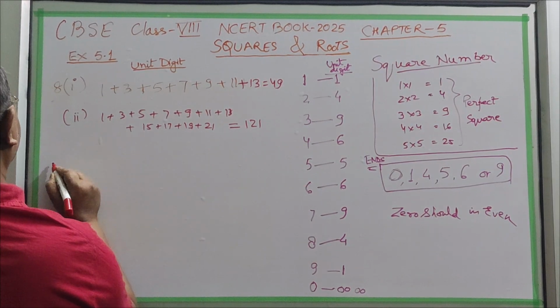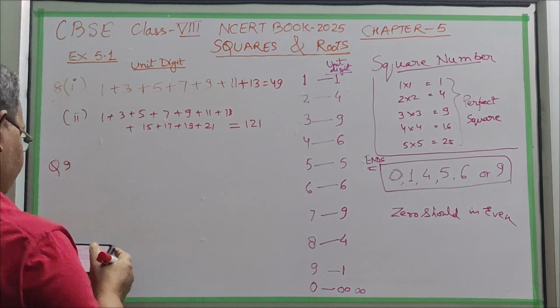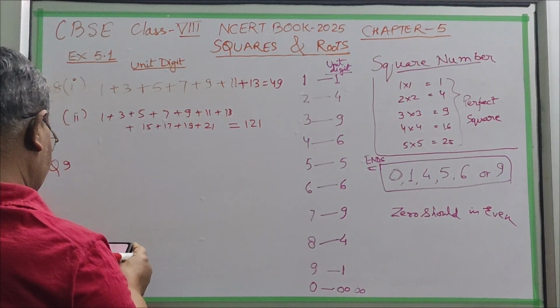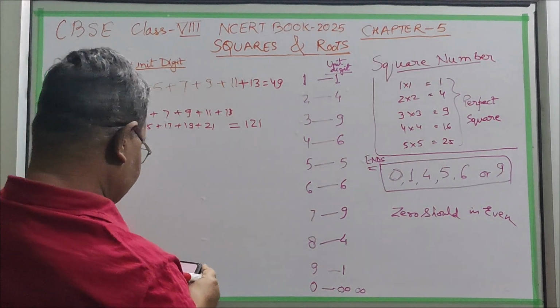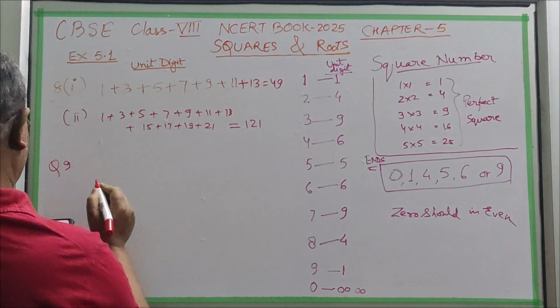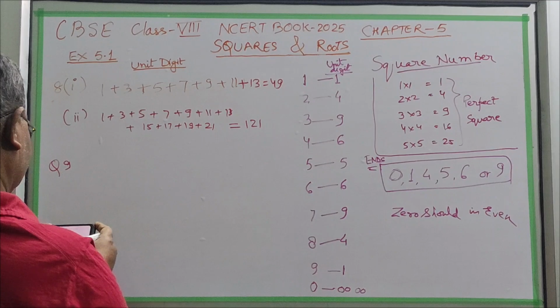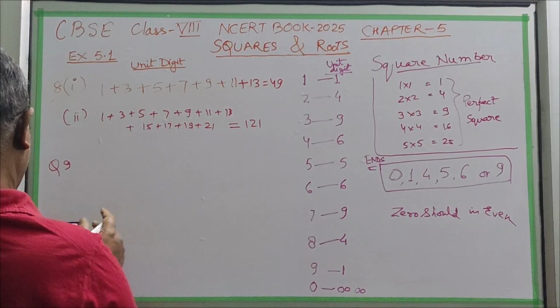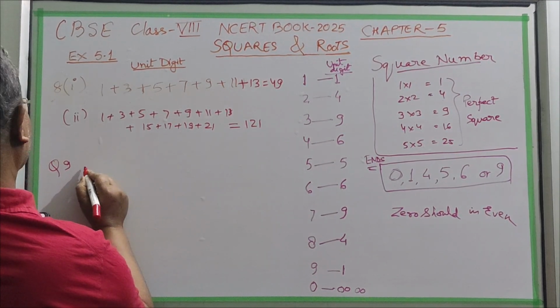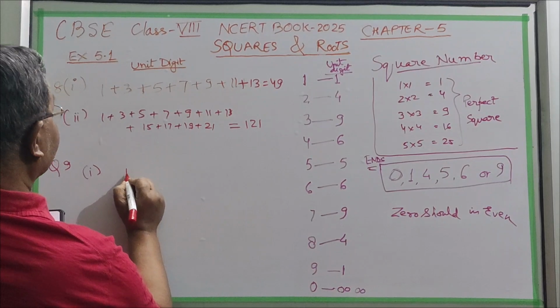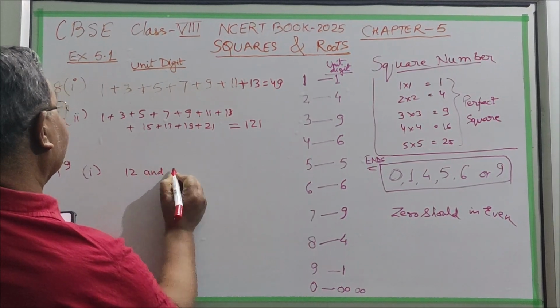Question number 9. They are asking how many numbers lie between the squares of the following numbers. They are giving 12 and 13, 19 and 20 and so on.